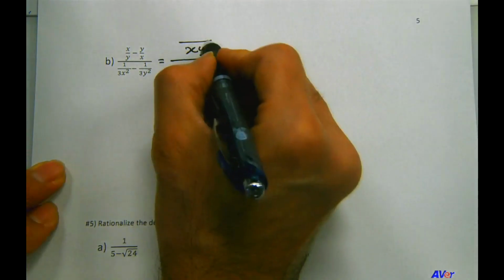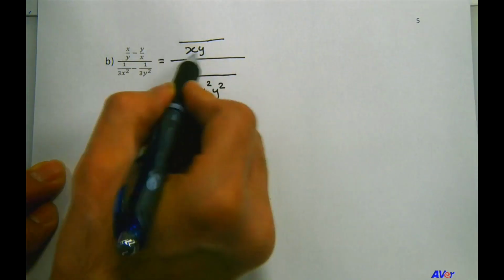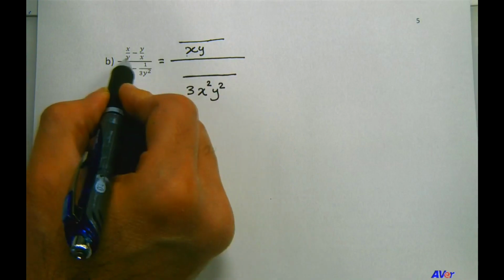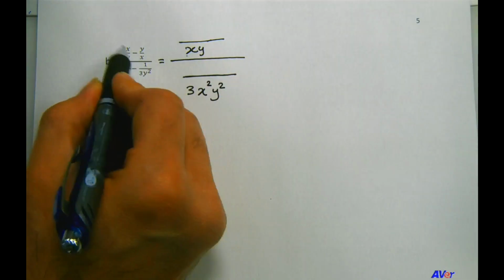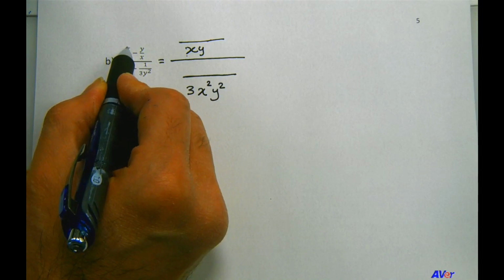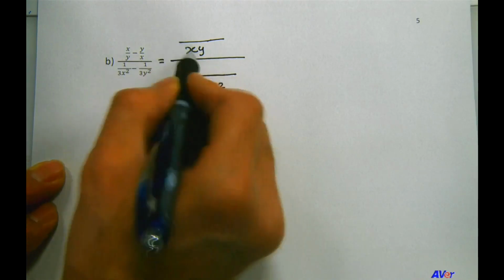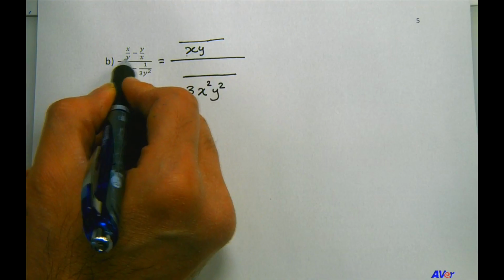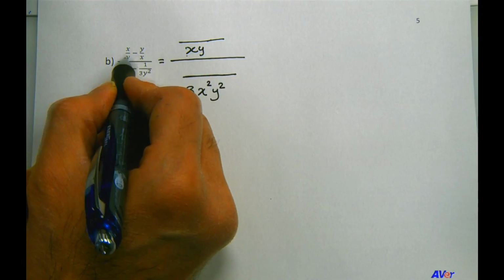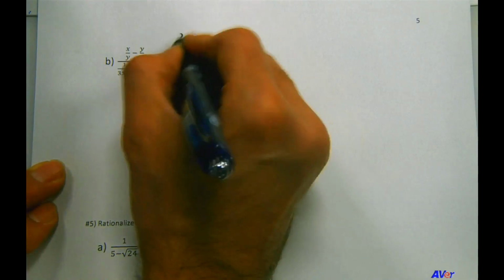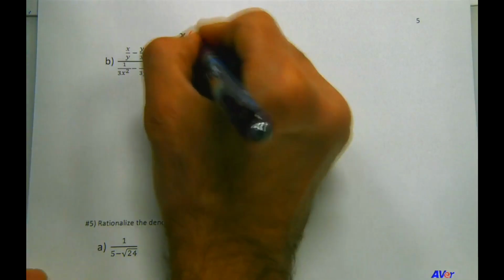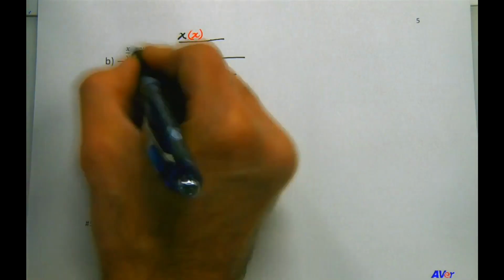So now, in the numerator, compare the common denominator with each of these denominators and multiply the numerator of each with the missing piece. So comparing this with this, what's missing from this denominator? X. So multiply x by x. Then we have minus.